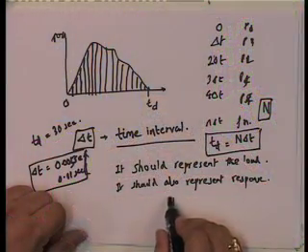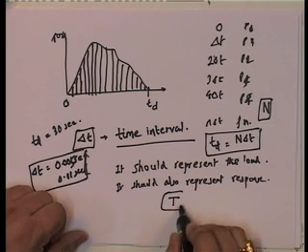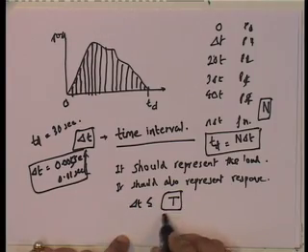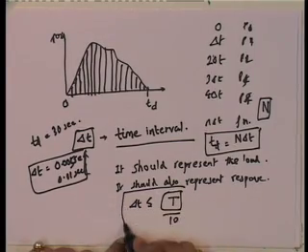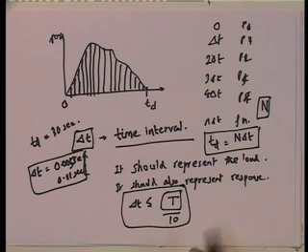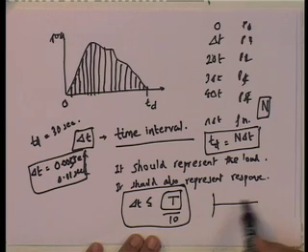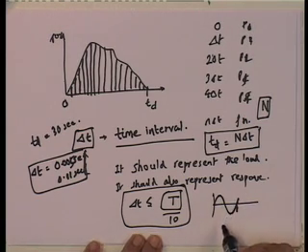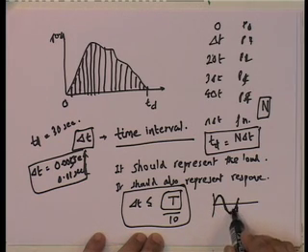How should we represent the response? Typically, if you look at the fundamental time period T of the structure, delta t should be less than T upon 10. Okay. In other words, what does that mean? That means that this is like one cycle of response.